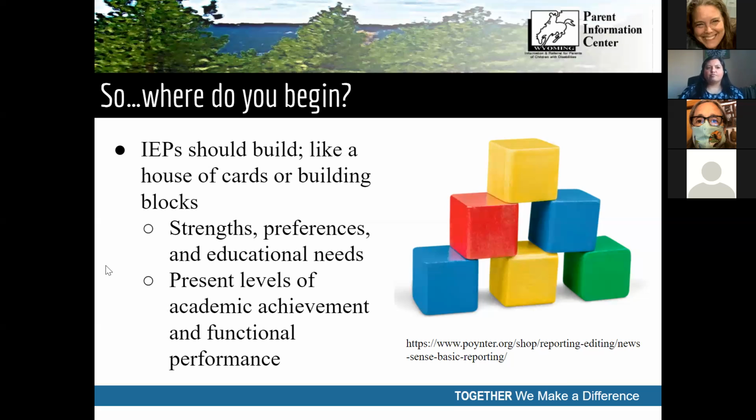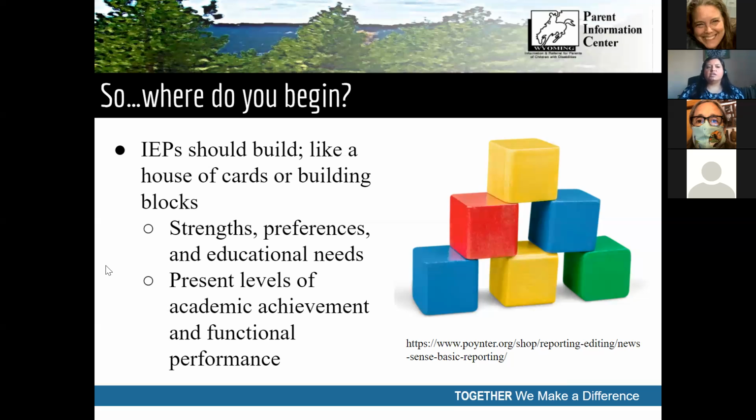And that PLAFP, the present levels of academic achievement and functional performance. Those are probably the most important parts of your entire IEP. You need those parts to provide the data that you need to write those SMART goals for a child.